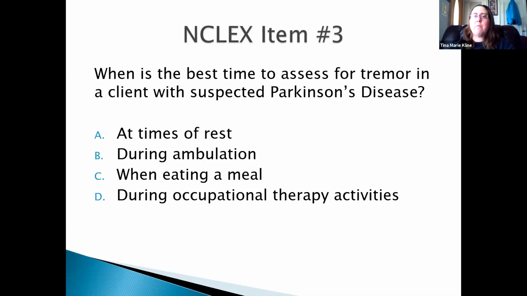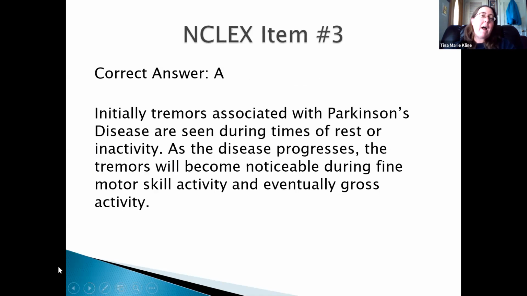Anytime they're performing fine motor skills or something gross motor, like ambulation, eating a meal, occupational therapy, you're probably not going to pick them up. So you're going to notice them initially for very early Parkinson's disease at times of rest.